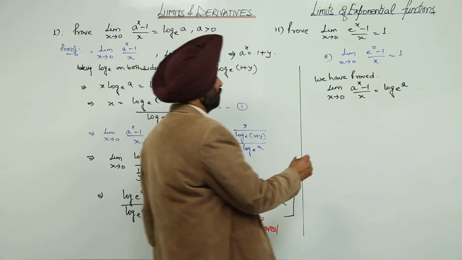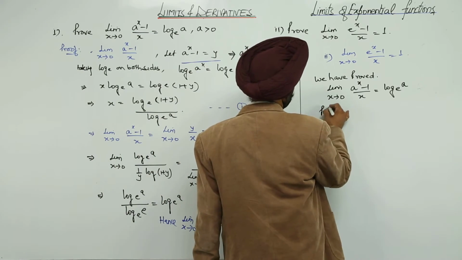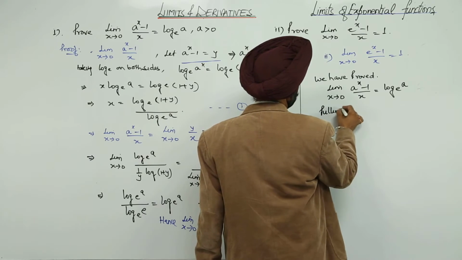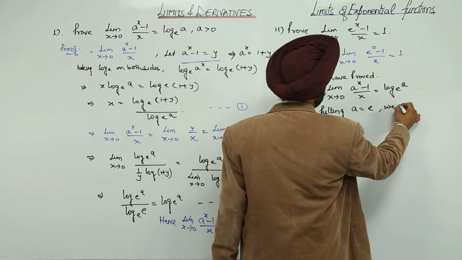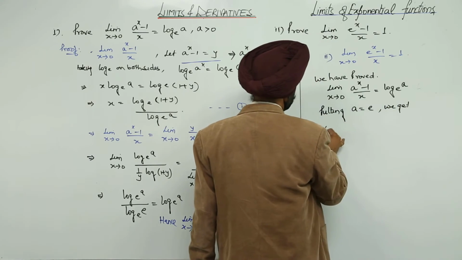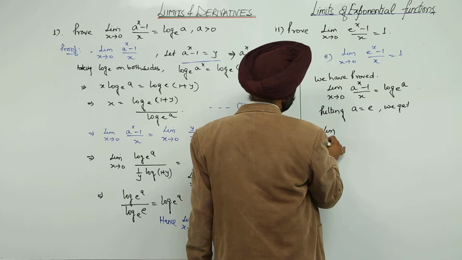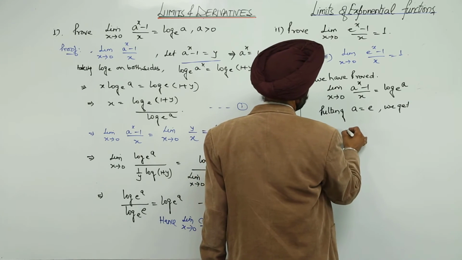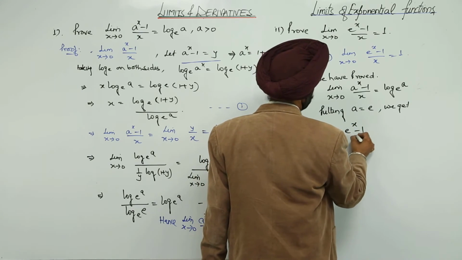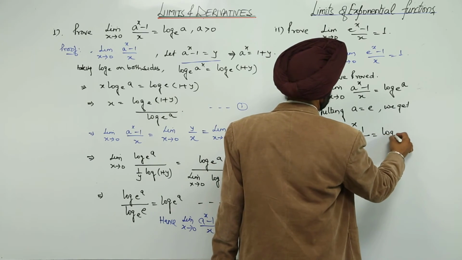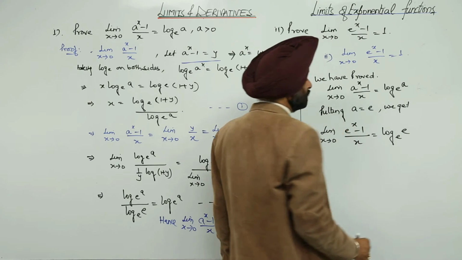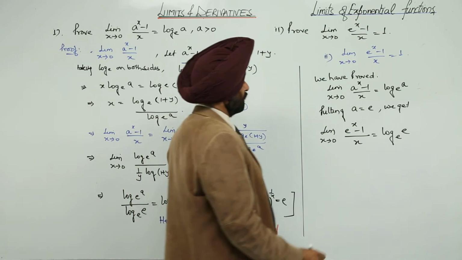Now, putting a is equal to e, we get limit x approaches 0, (e raised to power x minus 1) upon x is equal to log e with e. Okay.